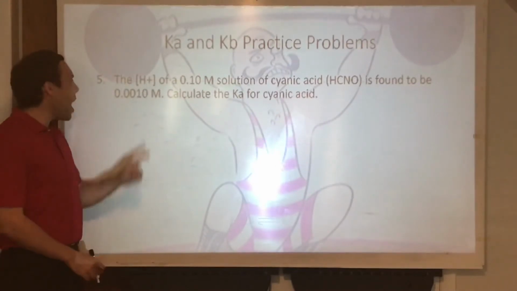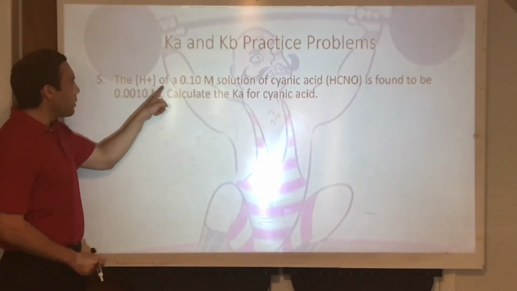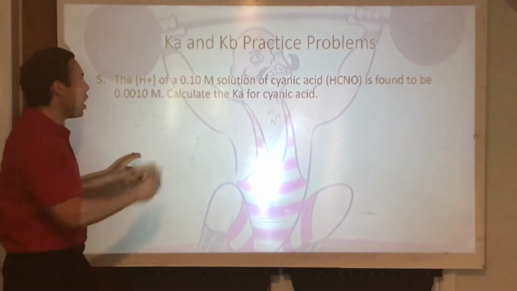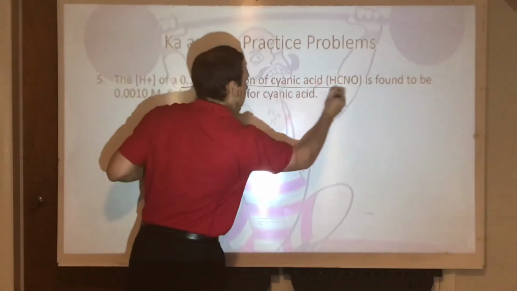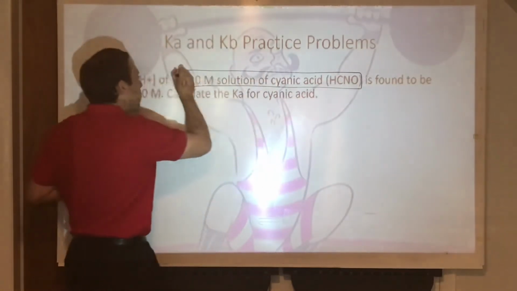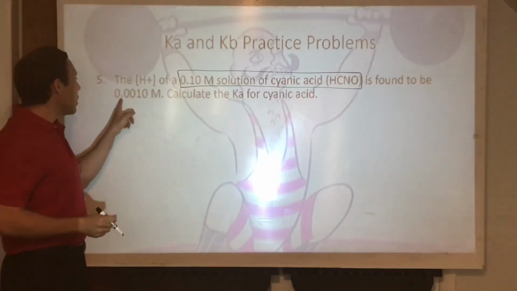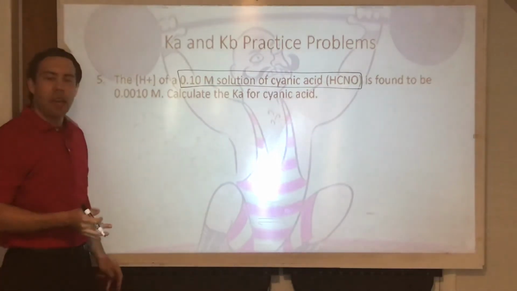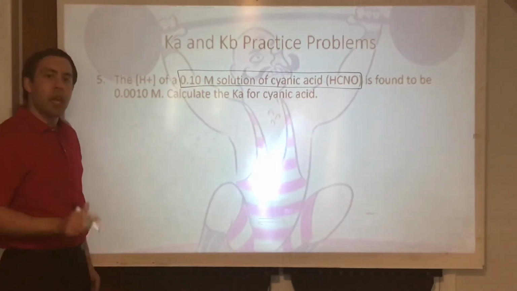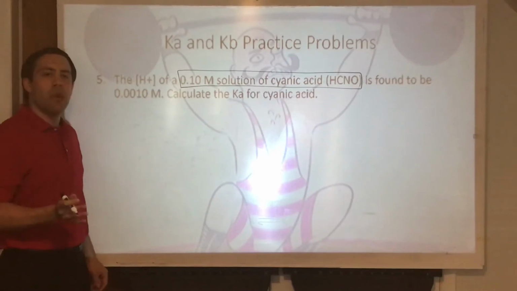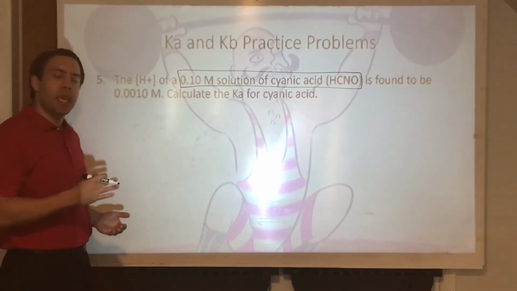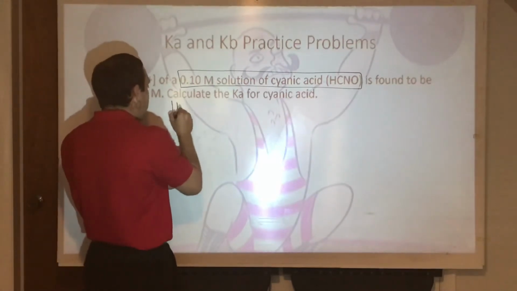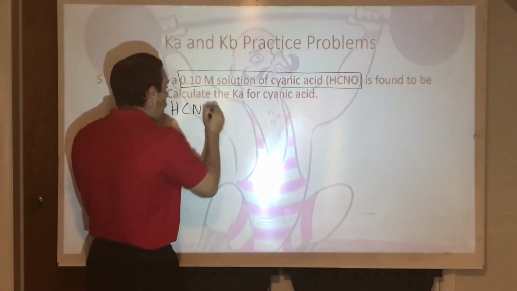Practice problem number 5 states, the H plus concentration of a 0.10 molar solution of cyanic acid, HCNO, is found to be 0.0010 molar. Calculate the Ka for cyanic acid. Now, before we can calculate anything, we must write a dissociation equation for cyanic acid. So we have cyanic acid, HCNO.